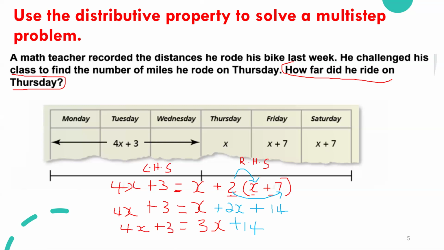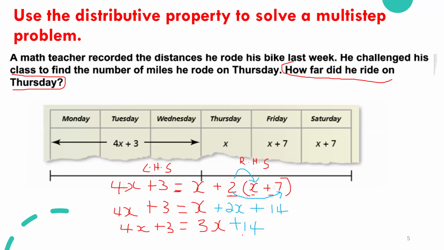Now, we are down to a regular multi-step equation with variables on both sides. So remember, once you reach this stage, you are going to put your variable term on one side of the equal sign, as I said before, whether it be the left or the right, and put your constant on the other side.